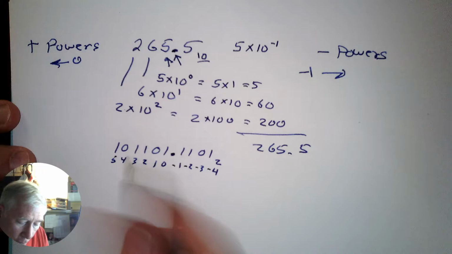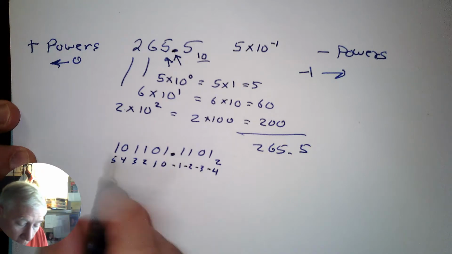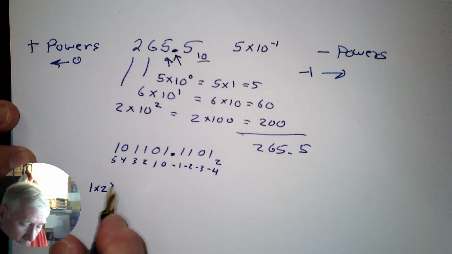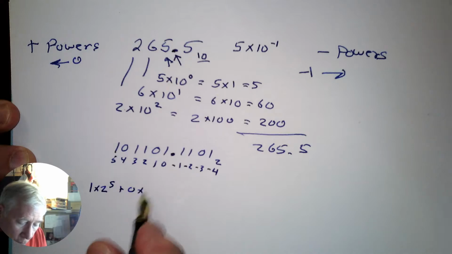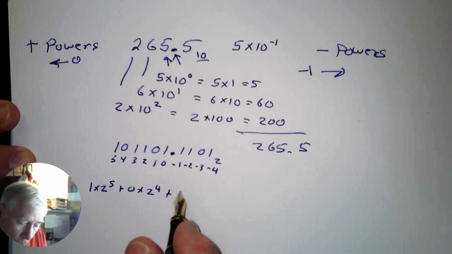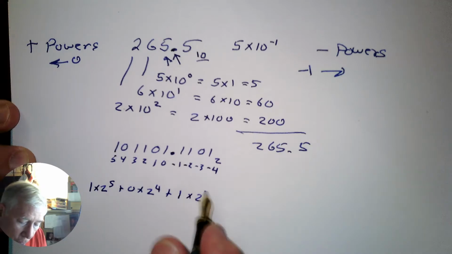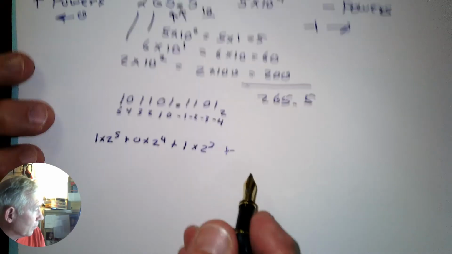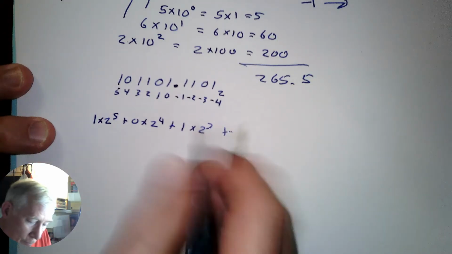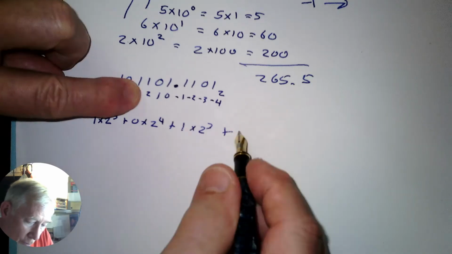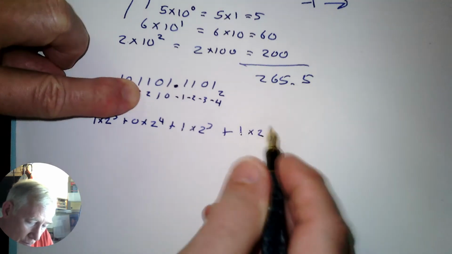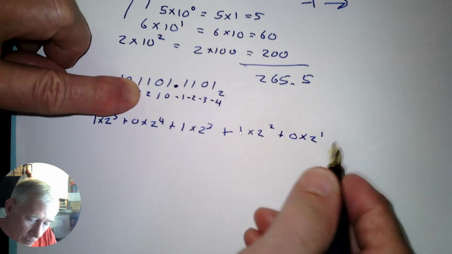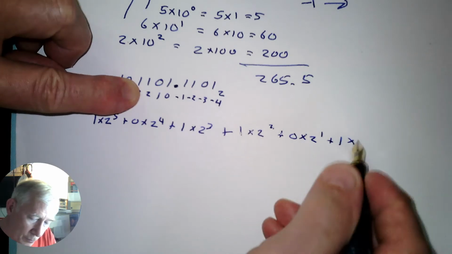So let me write the whole number out. This one right here represents 1 times 2 to the 5th, plus 0 times 2 to the 4th, plus 1 times 2 to the 3rd, plus 1 times 2 to the 2nd, plus 0 times 2 to the 1st, plus 1 times 2 to the 0.